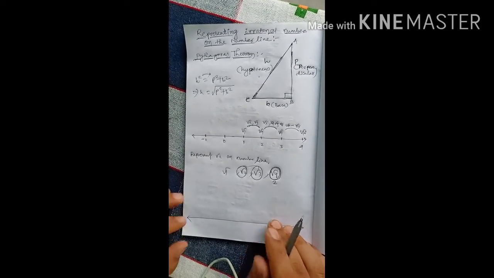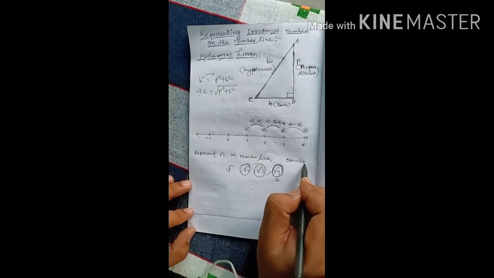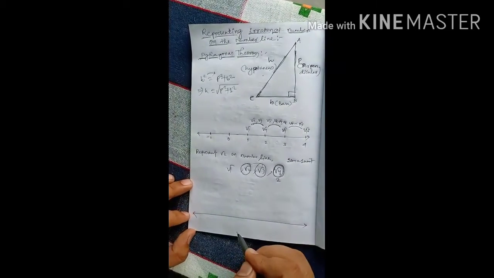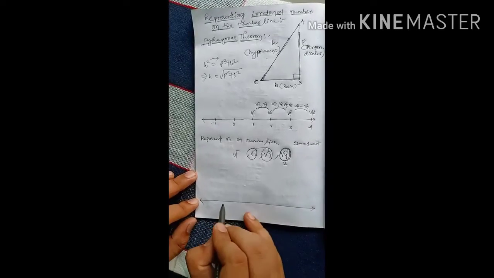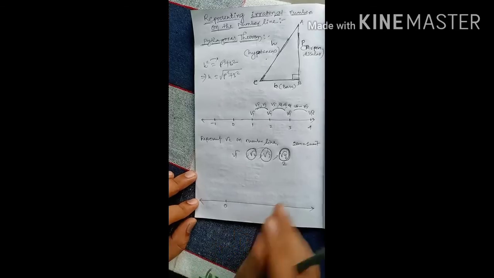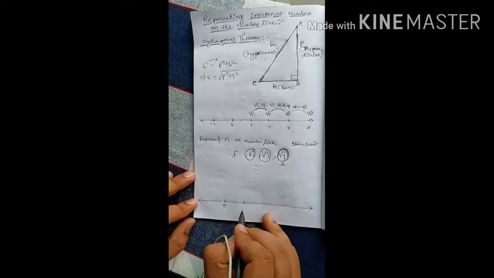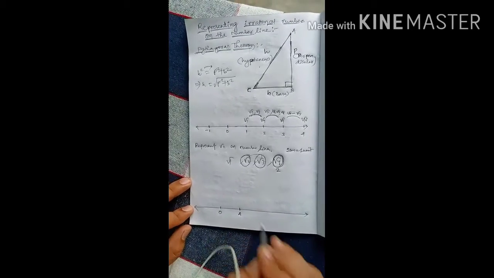If I choose 2 centimeter equal to 1 unit, then I write 0 here. Then I will intersect 2 centimeter here, and the point will be 1, which is 1 unit.